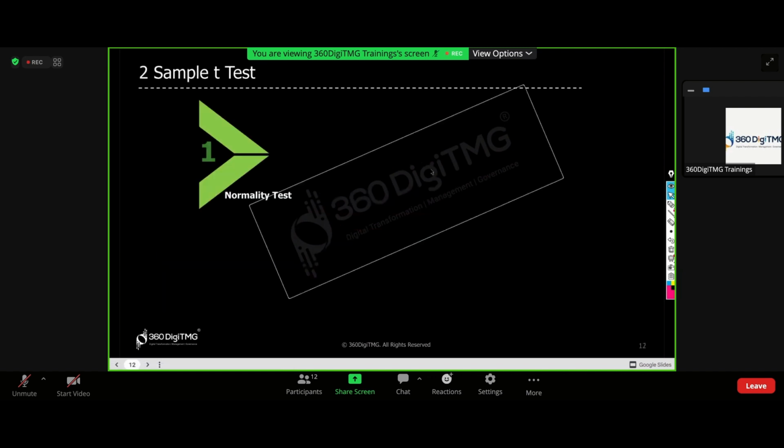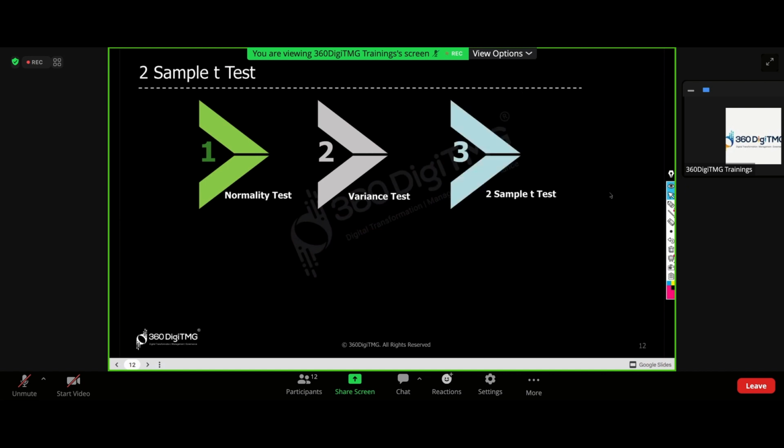Then you have two sample t-test, where you have normality test, variance test, and sample t-test. Again, in normality test, you check whether data is normal or non-normal. How will you check whether data is normal or non-normal? Using QQ plot, right? If it is normal, you will go with variance test.